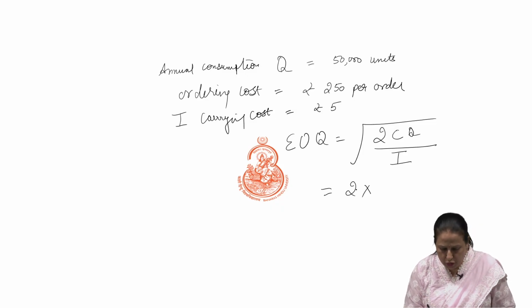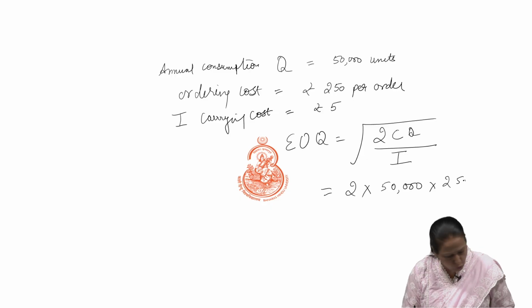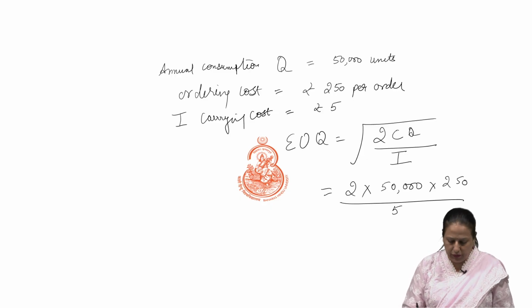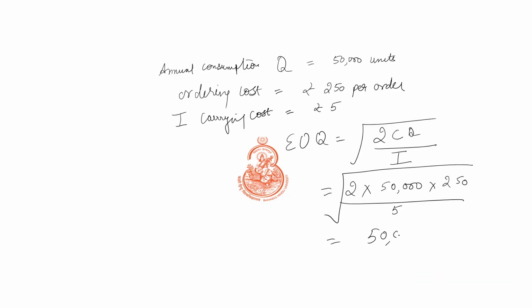So, we use the formula 2 into the annual consumption of 50,000 units with the cost of ordering, which is 250, to be divided by the carrying cost rupees 5, which comes to 50 lakh, and when we calculate the square root of the same, we will reach the figure of 2236.07 units, which we can put approximately equal to 2236 units.